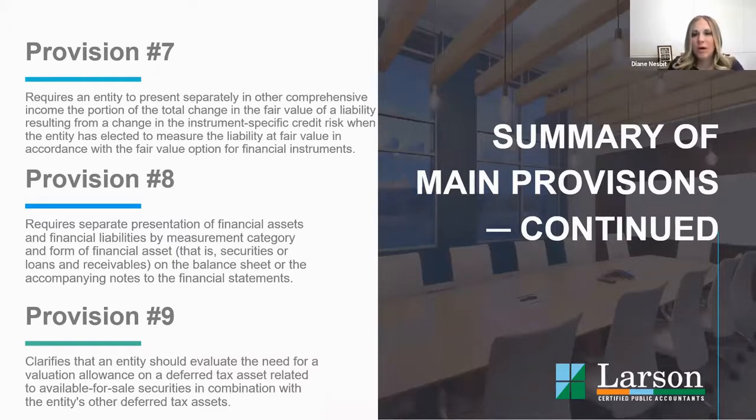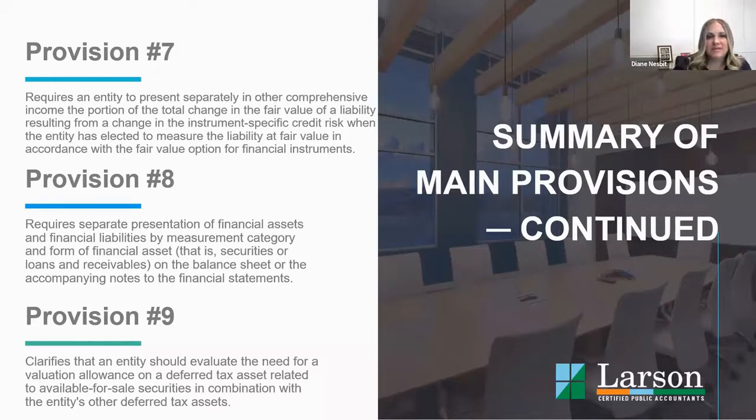So this is one that, again, I think will be really rare on a captive insurance company's set of financial statements, that you have a liability on the books that you would want to elect the fair value option for. So again, I think this will be one that you probably won't see, but we wanted to make sure that you're aware of that provision of the update.